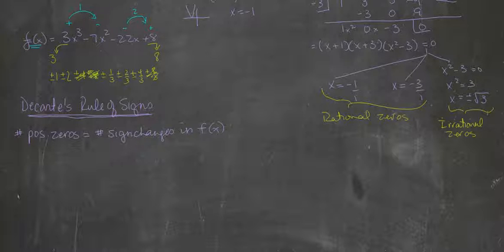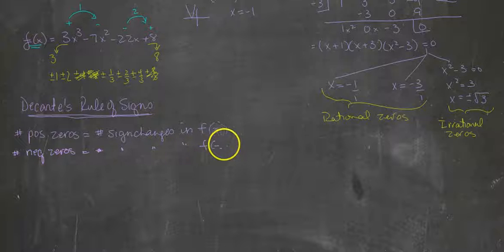Then there is a corollary rule, or another rule, that says the number of negative zeros equals the number of sign changes in f of minus x.